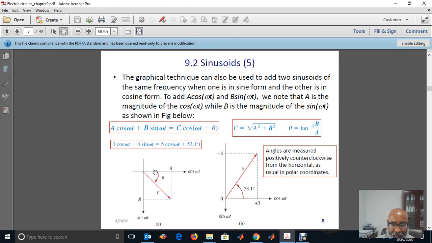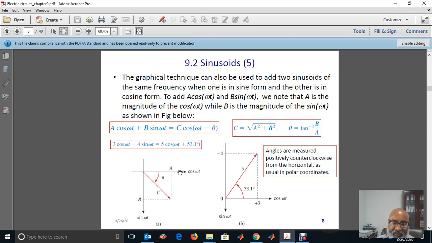And most of the time, as I said, the x-axis is cosine, and here the y-axis is sine. So for example, from this form, C is a vector from the origin to here. This is the magnitude, the amplitude, and the angle is minus theta, because most of the time we start measuring from the x-axis.